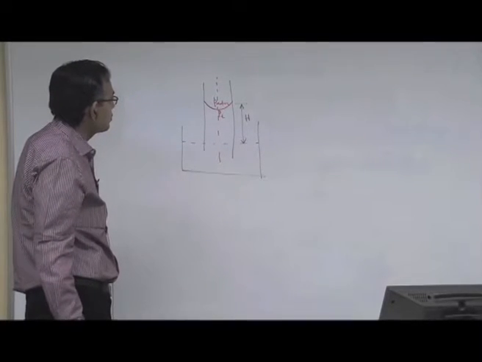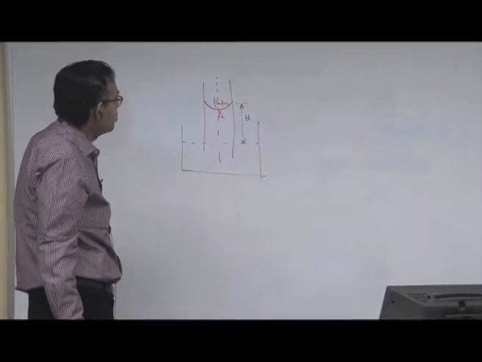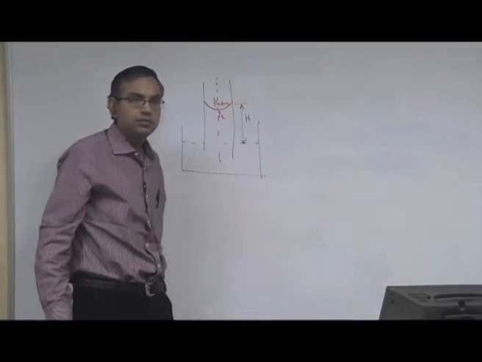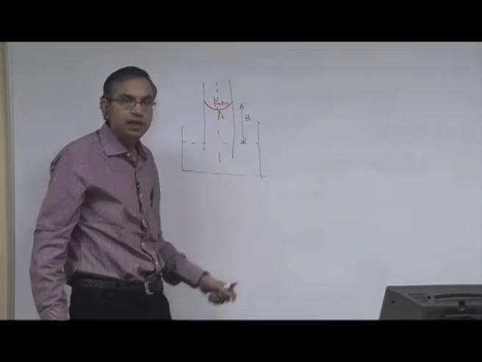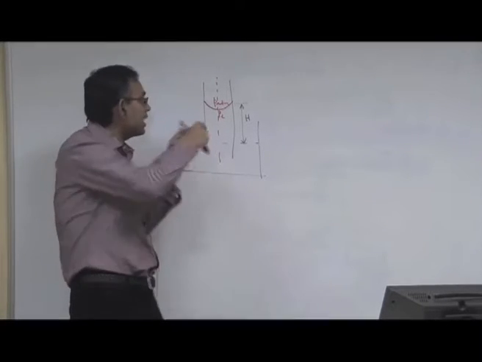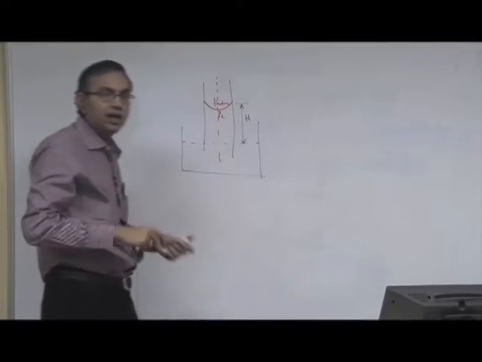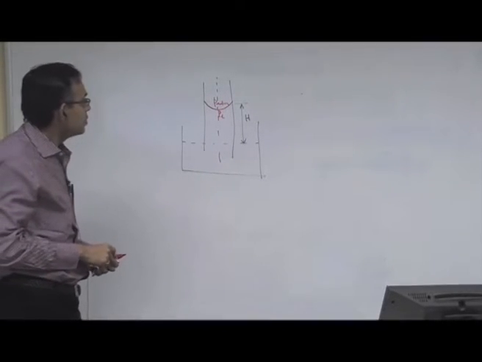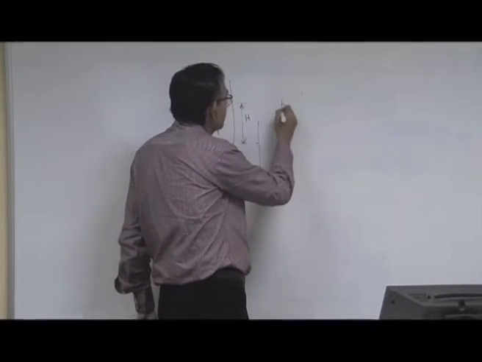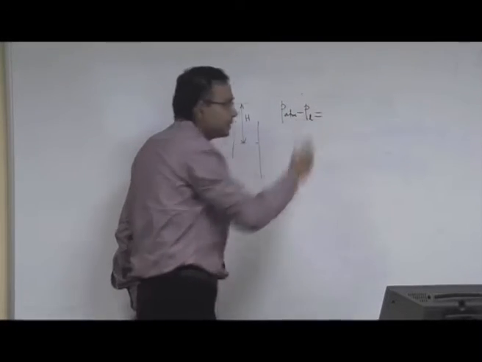Now, which one is more, P atmosphere or P liquid? P atmosphere, right, because we have in the previous lecture shown that that is like the inside and outside. So, P atmosphere minus P liquid, what is that?